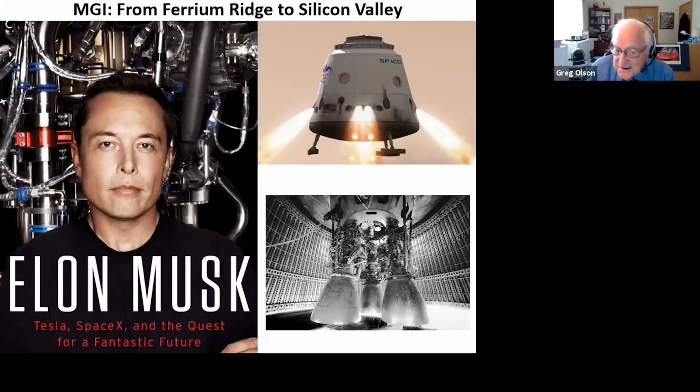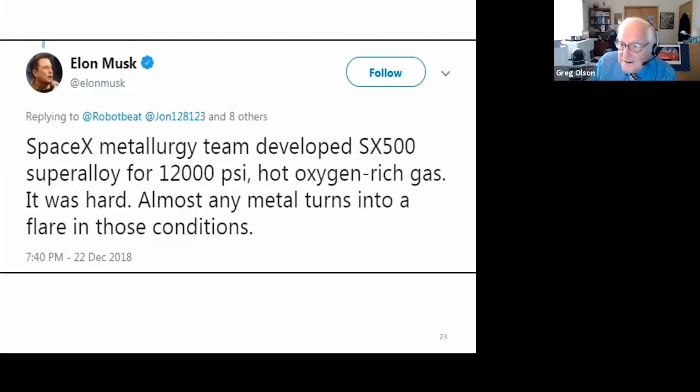So this technology has been taken even further in that environment, and notably included a burn-resistant nickel superalloy that allows the high oxygen pressures that really enables the Raptor engine of the Mars Starship. So it gives you a rare example of a corporate CEO bragging about his metallurgist.